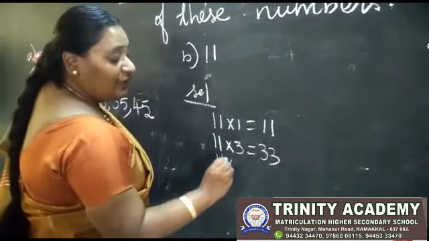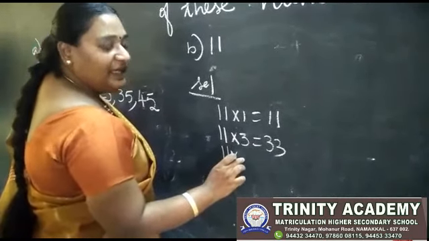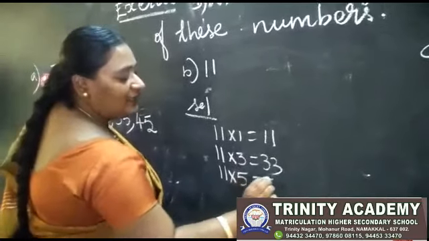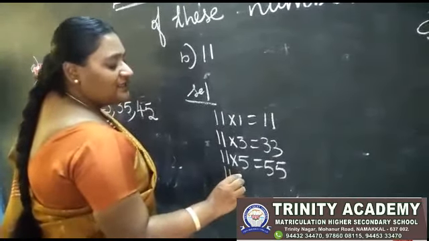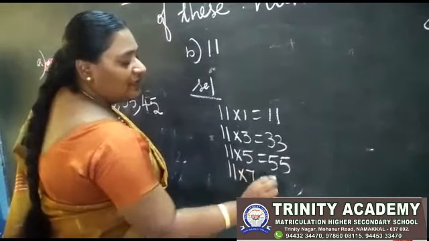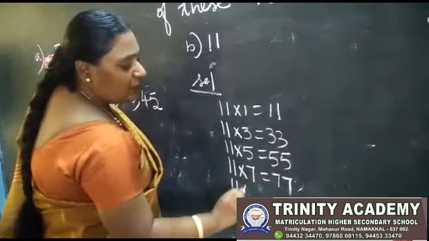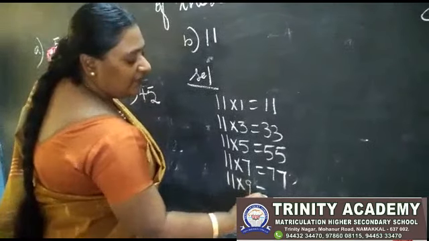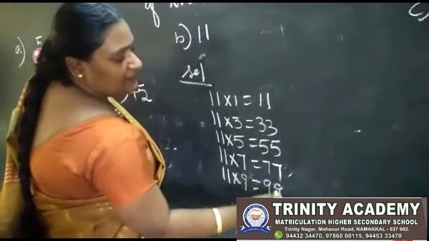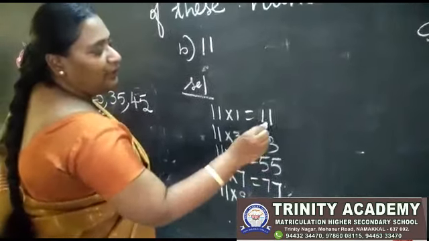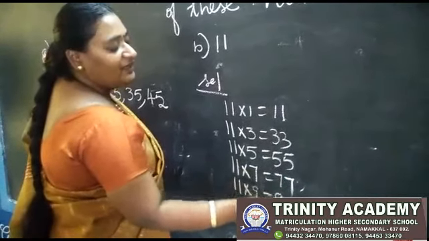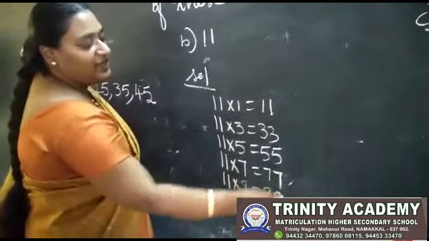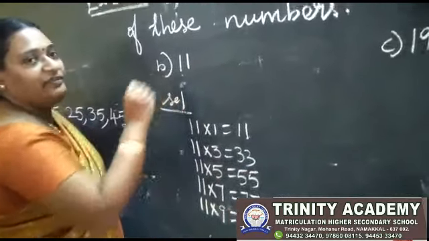Next, 11 into 4 won't come, 4 is an even number. 11 into 5 is 55. 11 into 6 won't come, 6 is an even number. 11 into 7 is 77. 11 into 8 won't come. 11 into 9 is 99. So these are the first 5 multiples of 11, that is 11, 33, 55, 77, 99. These are the first 5 odd multiples of 11.